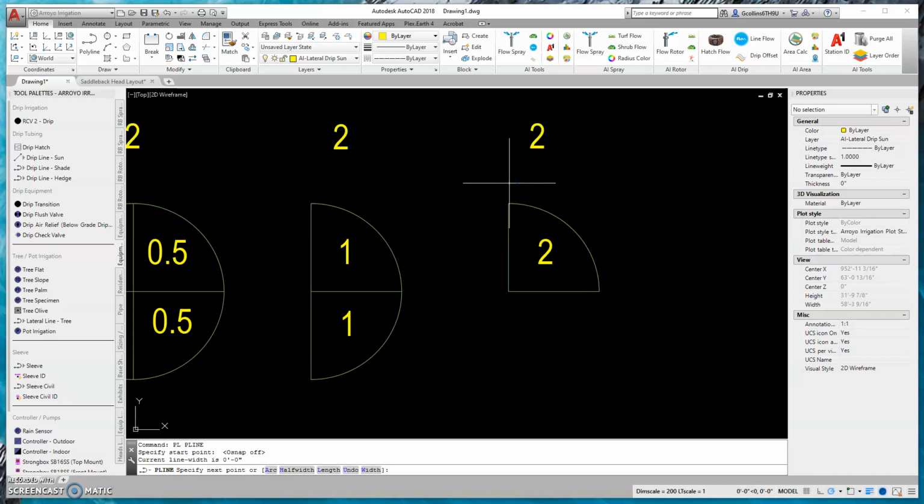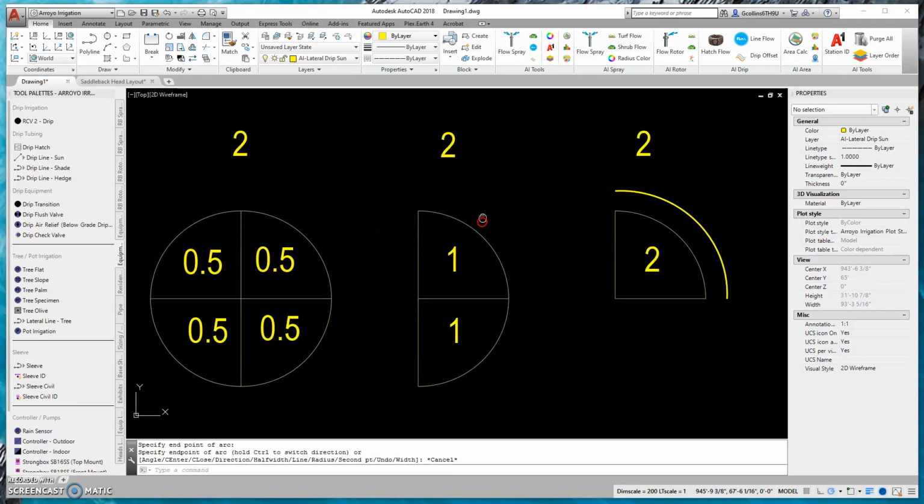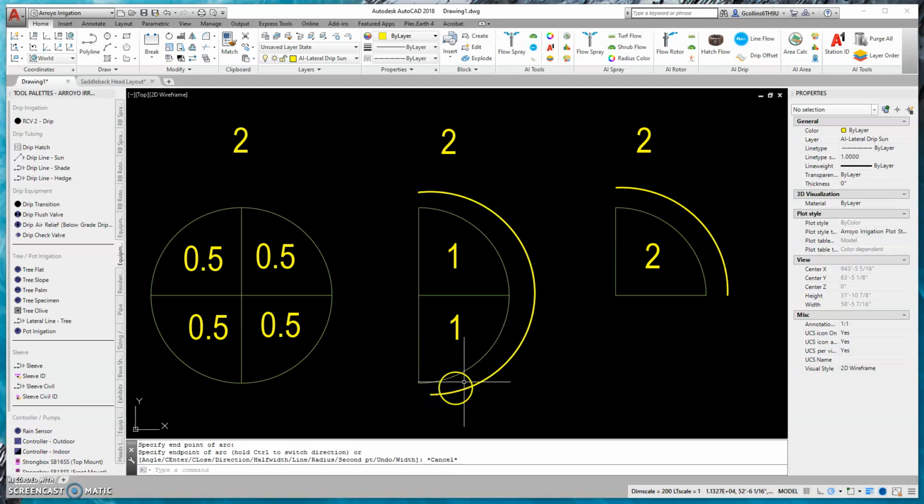Another way to look at this, on a rotor perspective, is that rotors turn at the same speed no matter what their arc angle is. They don't slow down or speed up. So let's say that rotor takes 1 minute to make this arc. The half is going to take twice as long to come all the way around, so that's 2 minutes.